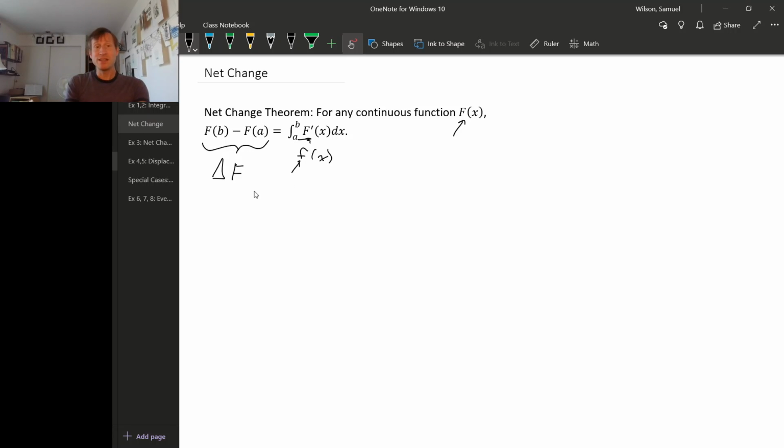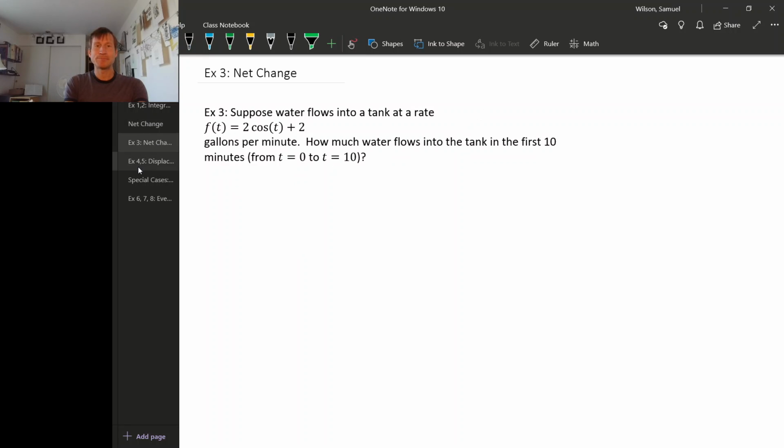So with that in mind, let's look at some examples. Suppose that water flows into a tank at this rate, given by this function f of t, in gallons per minute. How much water flows into the tank in the first 10 minutes, so from t equals 0 to t equals 10? Well, what are we trying to find? How much water flows into the tank?